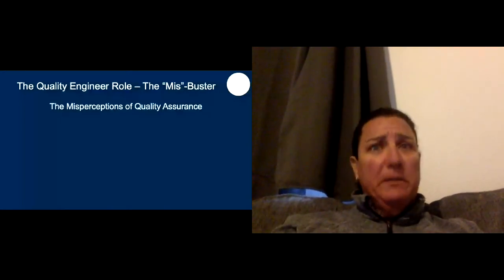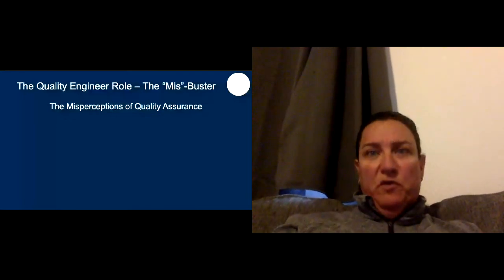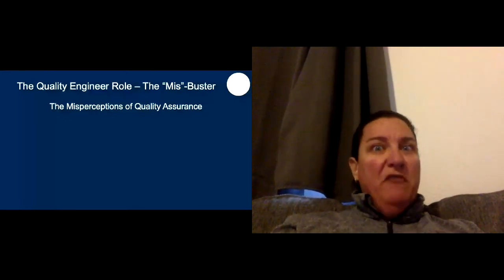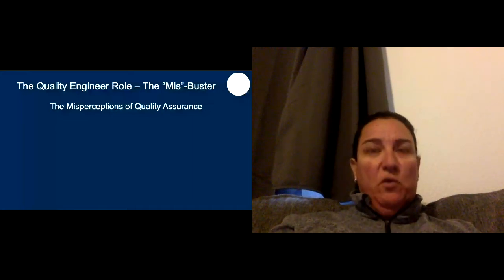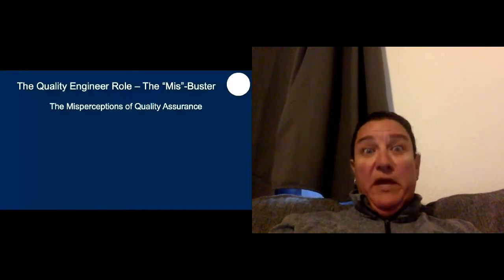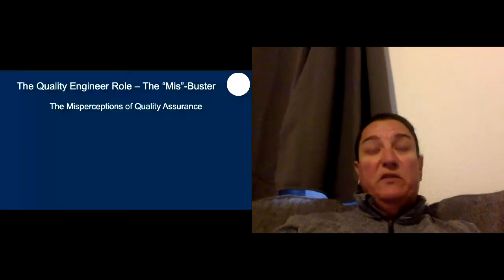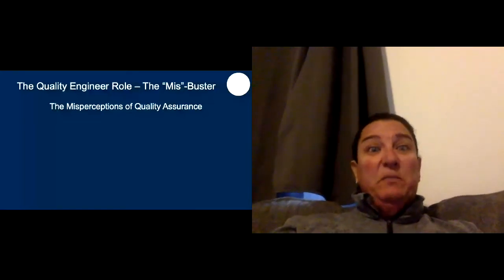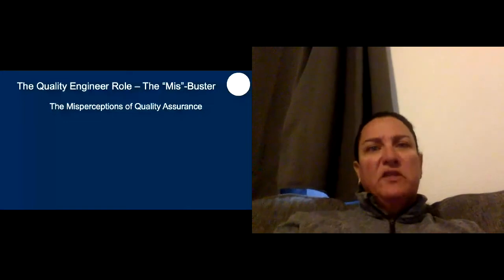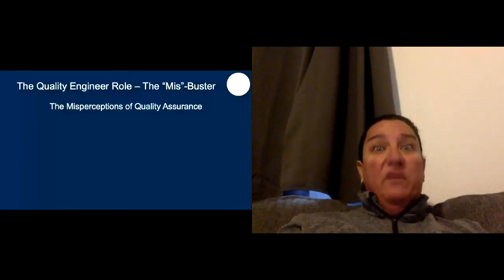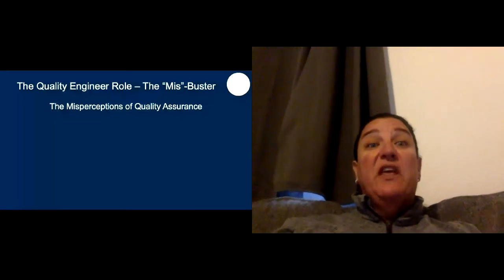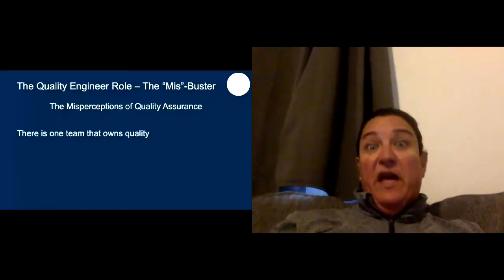So let's talk a little bit about the misperceptions of quality assurance. You may have experienced this in previous companies or previous roles that you've played, or you may be experiencing these misperceptions now. So let's go through those a little bit. First of all, one of the misperceptions of quality assurance is that there is one team only that owns quality.